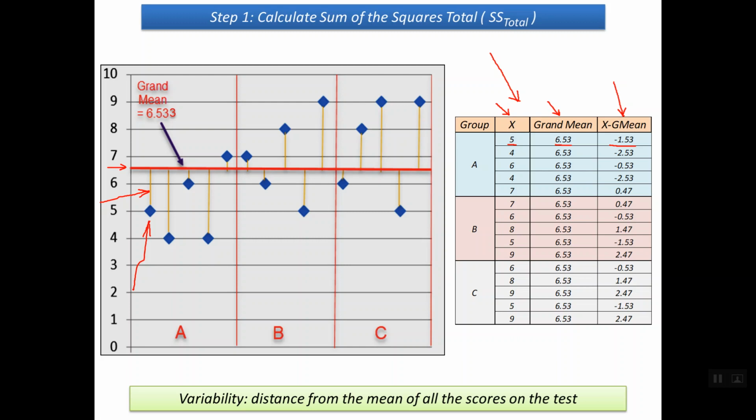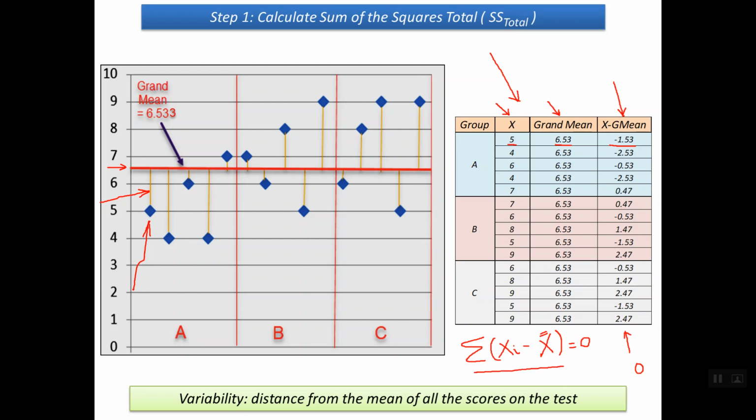If you try to calculate the sum of all of these deviations, you will get 0. So the summation of x sub i, which is an observation, minus x double bar, or the grand mean, should be equal to 0.